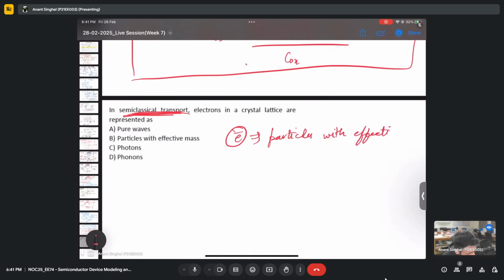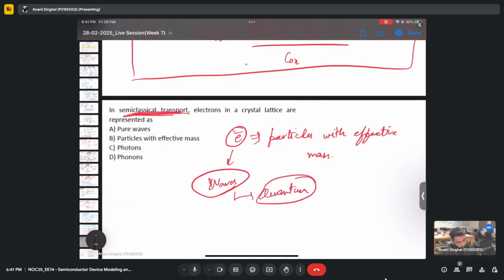We covered this initially in the first or second lecture: if particles have a very low mass, we also treat them as waves, that is the quantum theory. But semi-classical transport treats them as particles with some effective mass. So option B will be the correct answer to this problem.